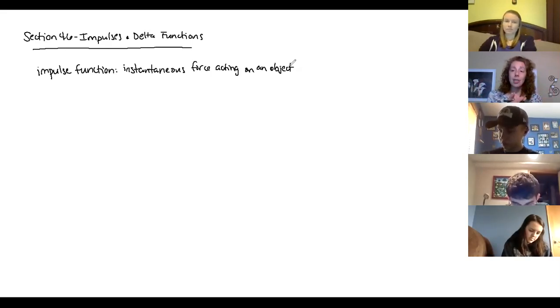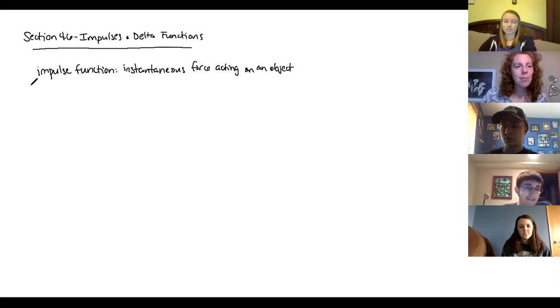If you have an object moving back and forth on a spring, what this means is you give it a shove at a certain point in time. And there's two things going on that we need to deal with: the time at which we gave the object a shove and the magnitude that we shoved it with. So two things going on, okay? The time at which we shoved it and the magnitude that we shoved it with, two things.